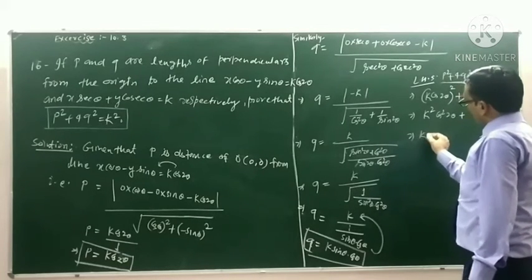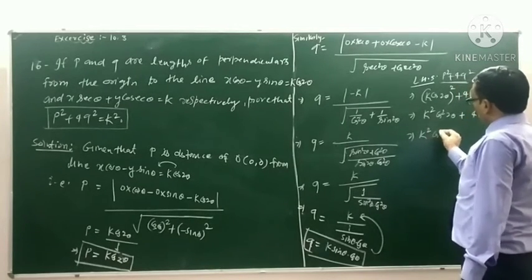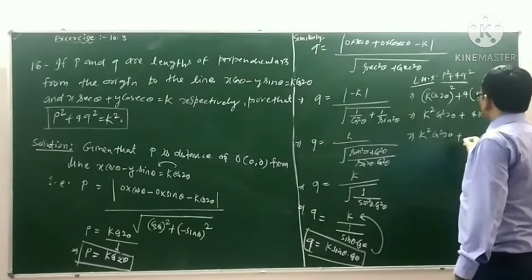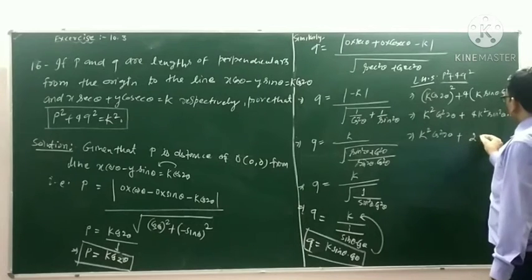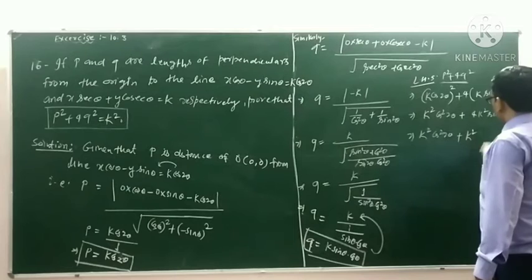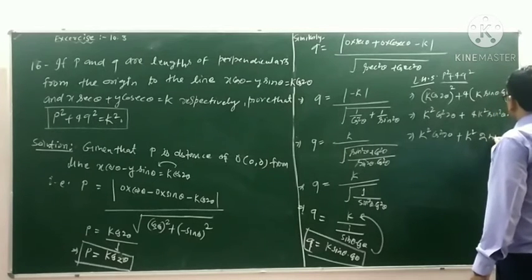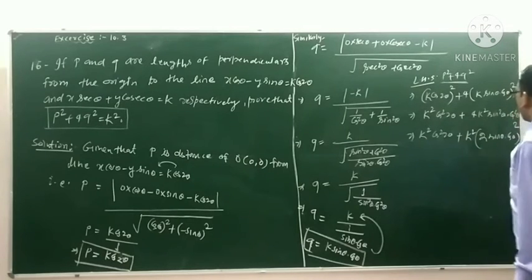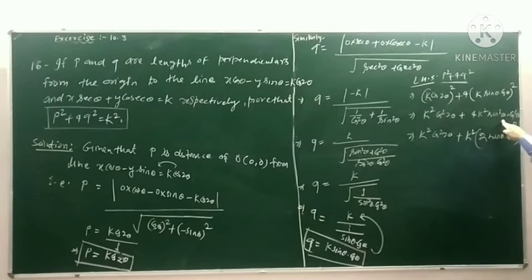This implies that k square cos square 2 theta plus k square times 2 sin theta cos theta whole square. 4 sin square theta cos square theta is written as 2 sin theta into cos theta whole square.